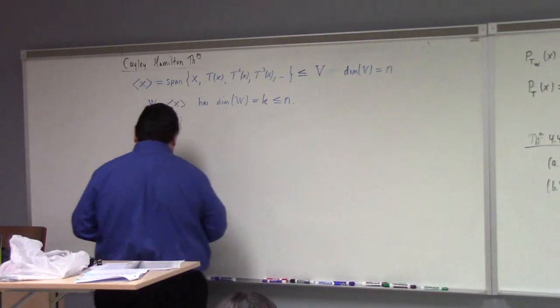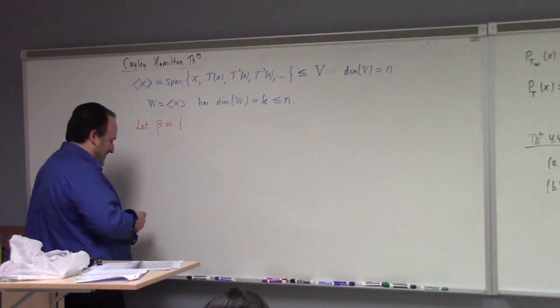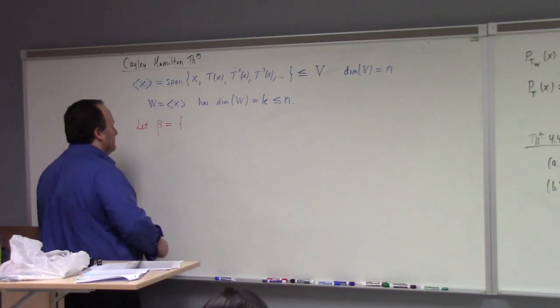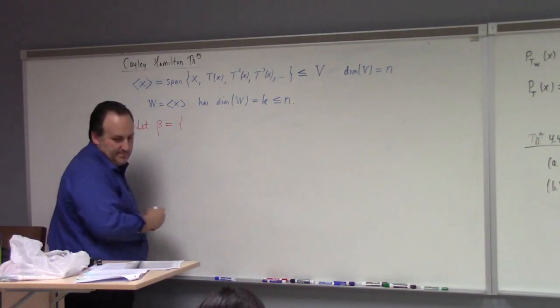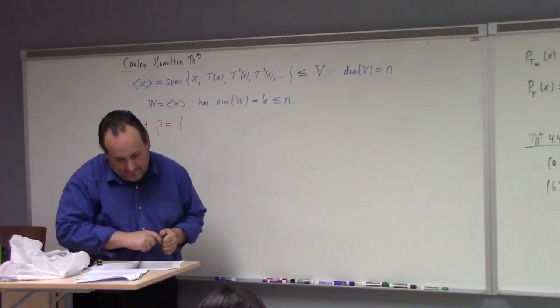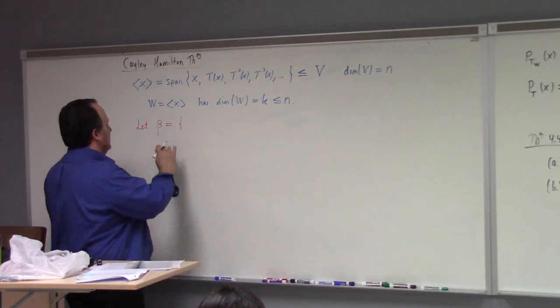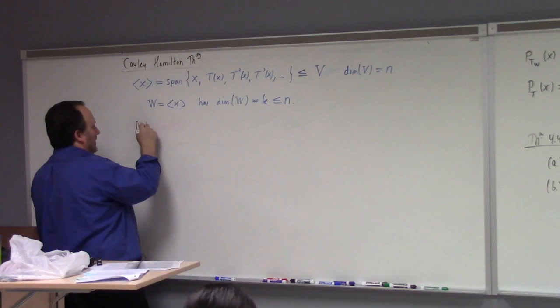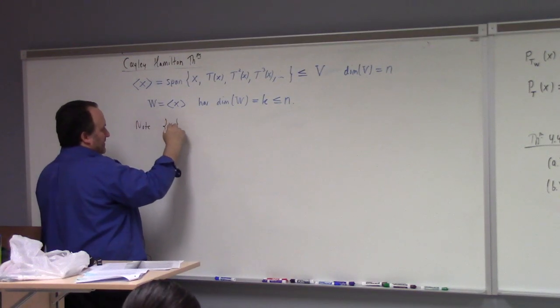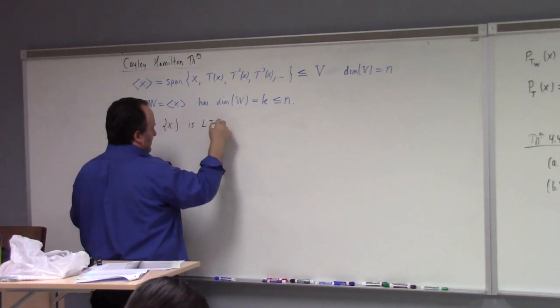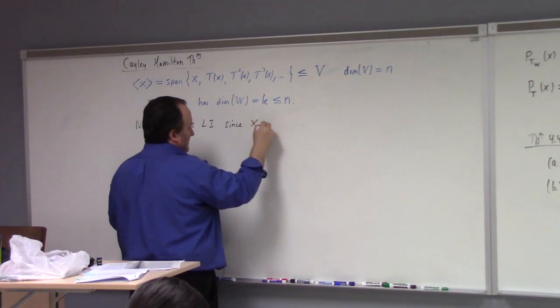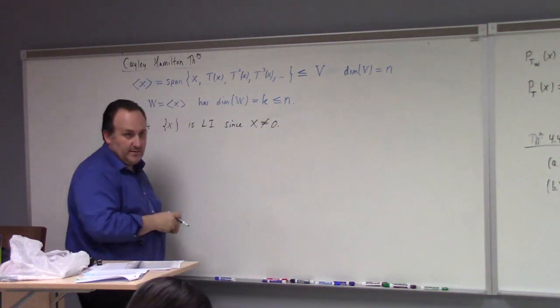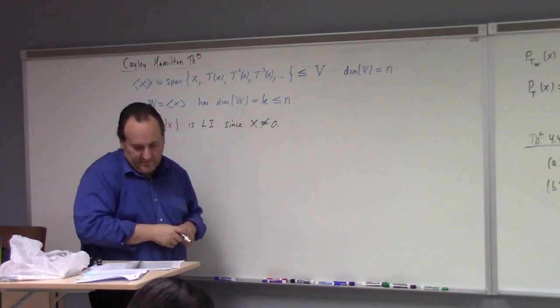It's just a set containing 0, so we're definitely out of luck. So here's the argument. Notice the set just containing x is linearly independent since x is not equal to 0. Okay? And then here's the construction.